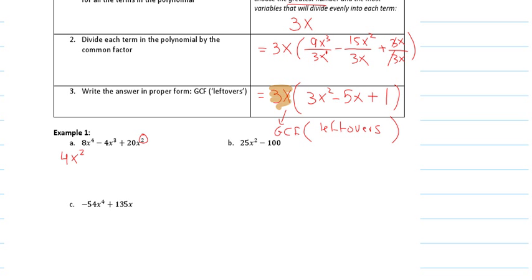Now, I'm going to take it in bracket, and I'm going to divide each term by 4x squared. What happens when I divide 8x to the power of 4 by 4x squared?